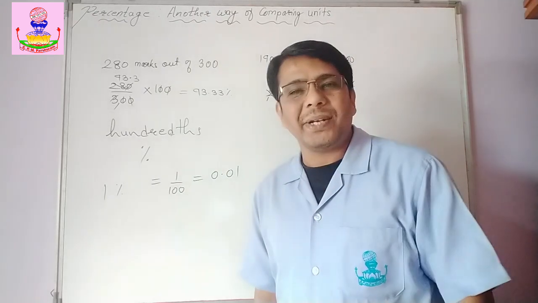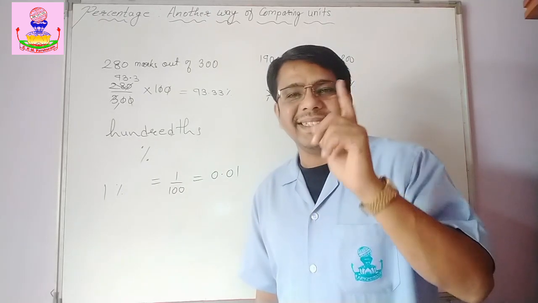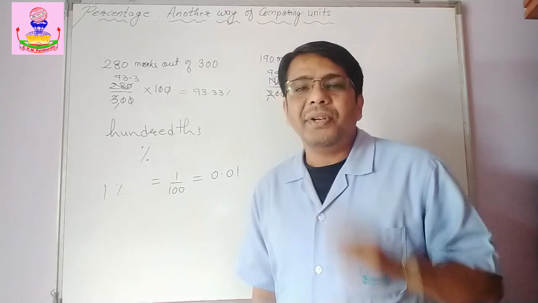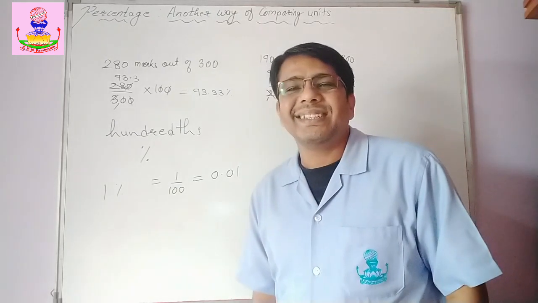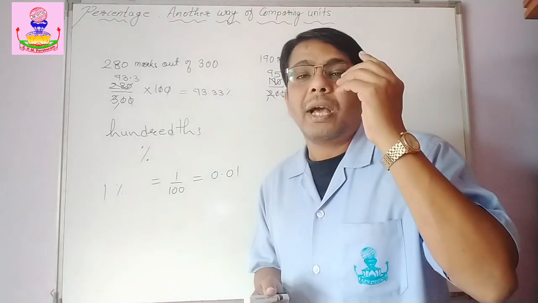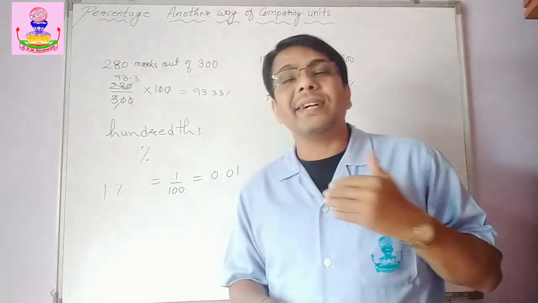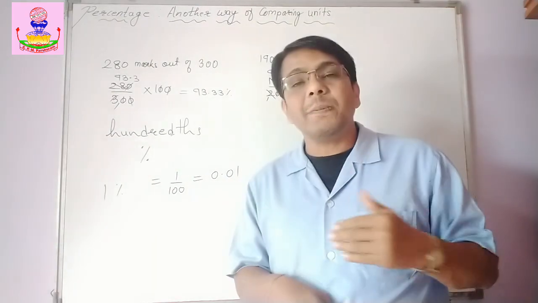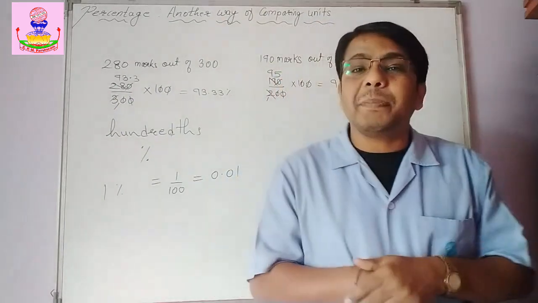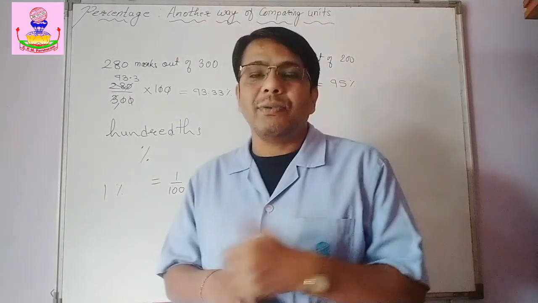Whatever may be the numerator, fractions having denominator 100 can be referred to as percentage. When I say 100%, it means 100 out of 100. 50% means 50 out of 100. 75% means 75 out of 100.